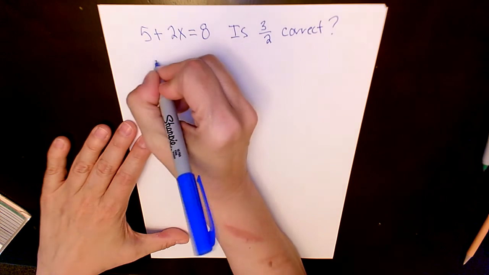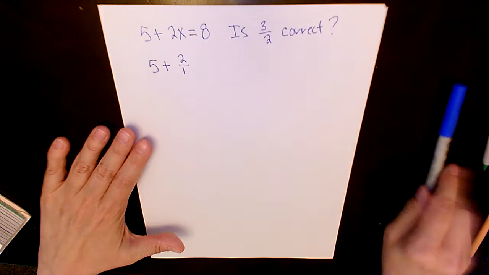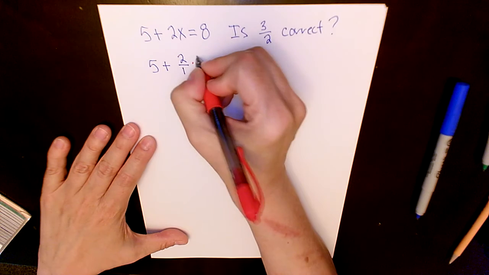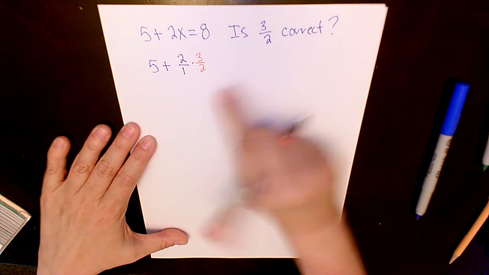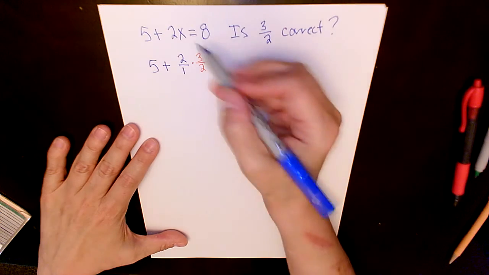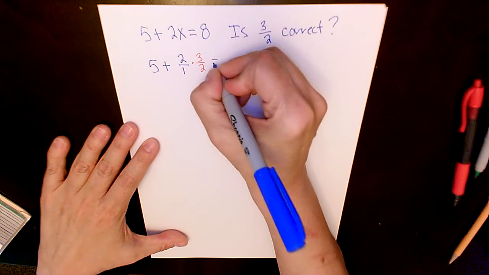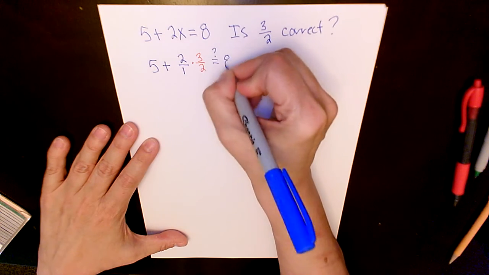Let's plug that in, and I'm going to make this again a 2 over 1. I'm just plugging in 3/2 for x and seeing if that comes out to be 8.